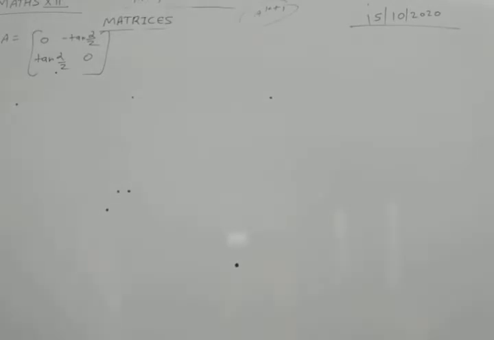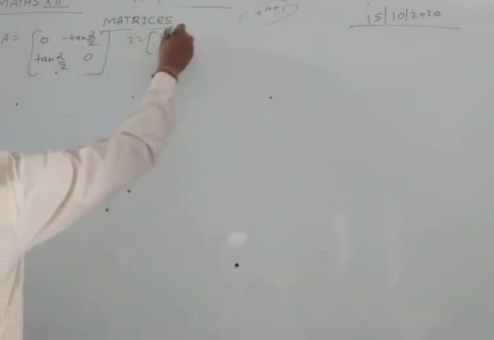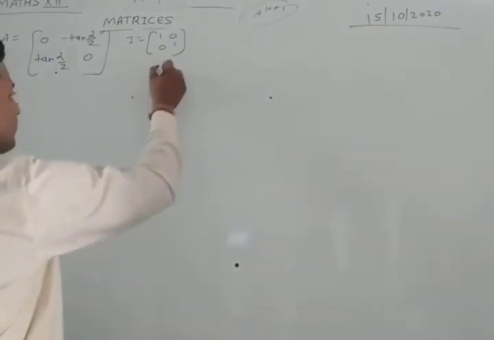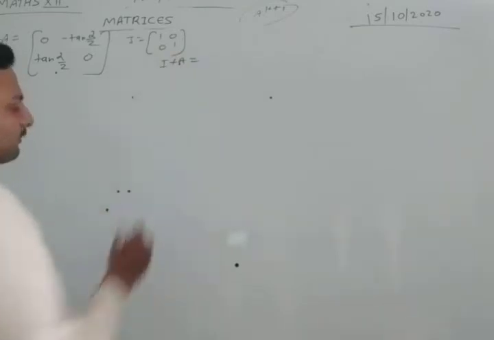I is the identity matrix of order 2. Then prove that I is what? 1 0 0 1.